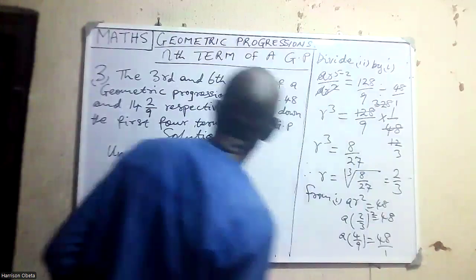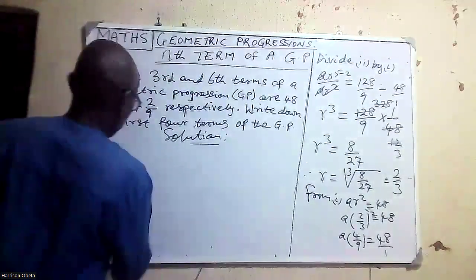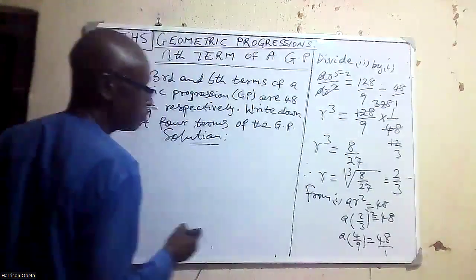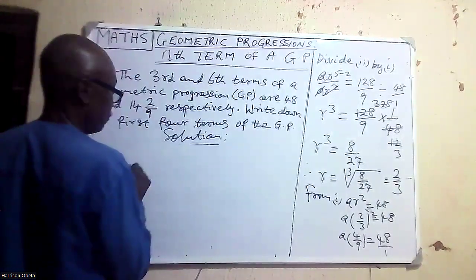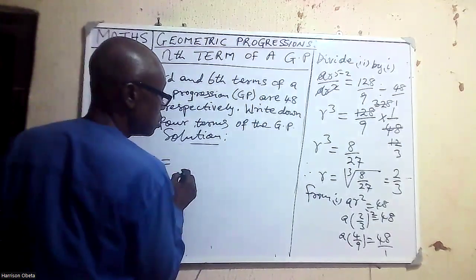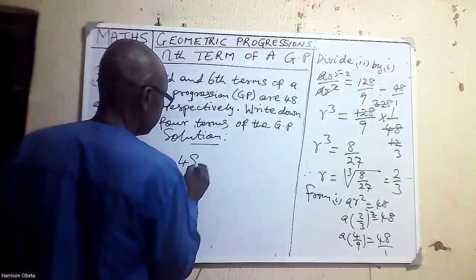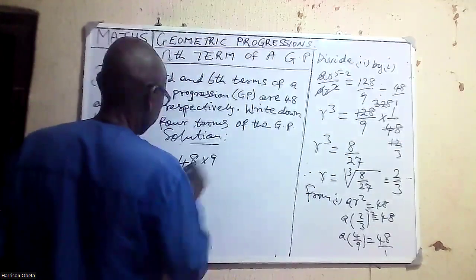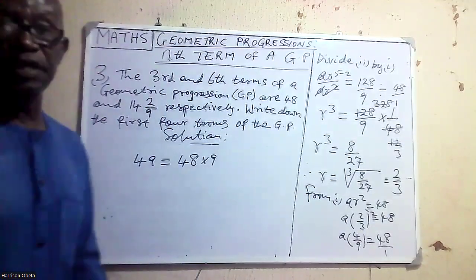Now, 4A is equal to 48 times 9, that is cross multiplication.